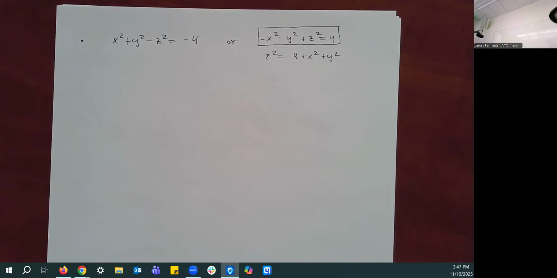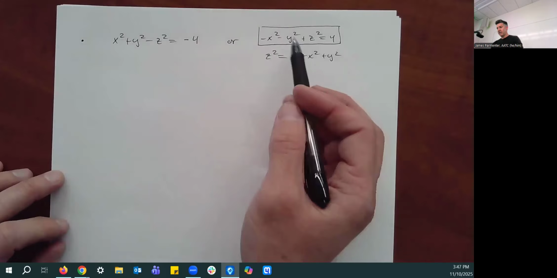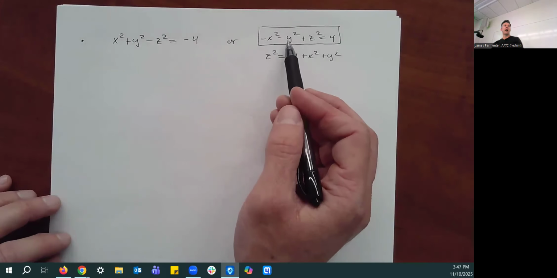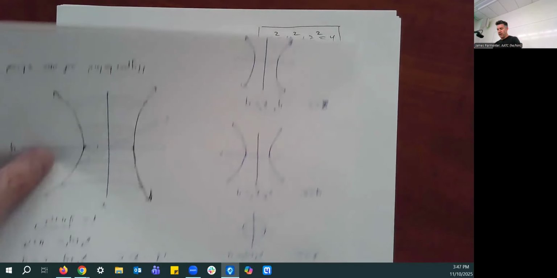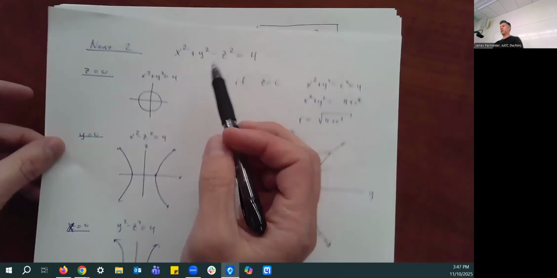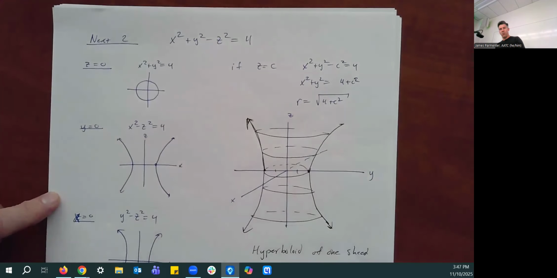And it's equal to a positive, or I should say, non-negative constant. If I write it this way, and I see that I have two negative signs, I'm like, cool, hyperboloid of two sheets. If I write it in the standard way, and I see this equation, I'm like, ooh, one negative sign, hyperboloid of one sheet. I find that helpful personally.